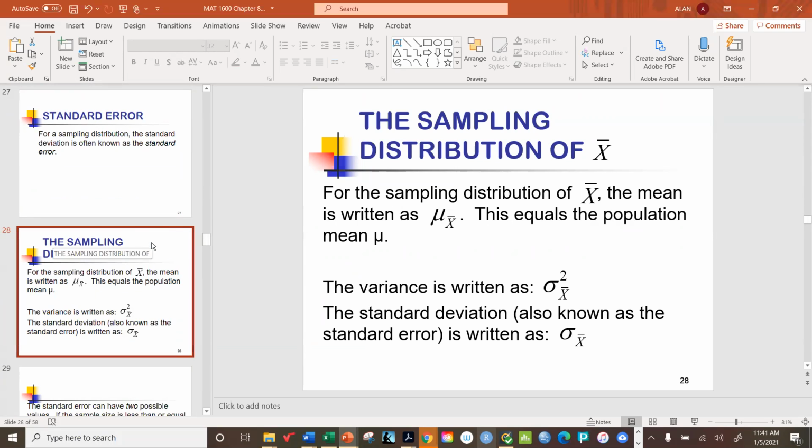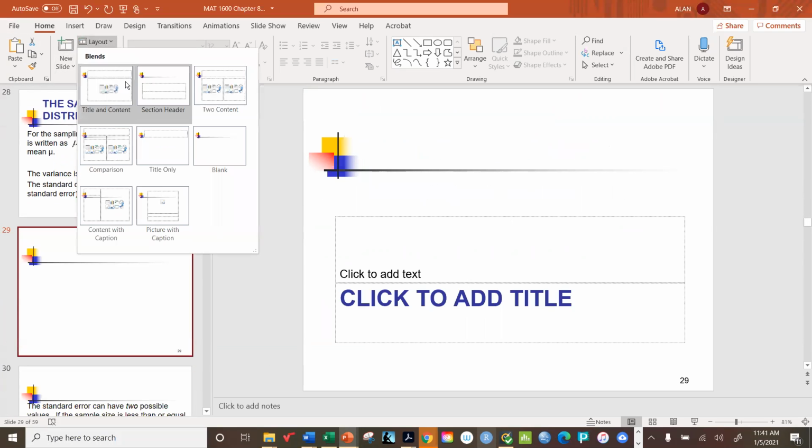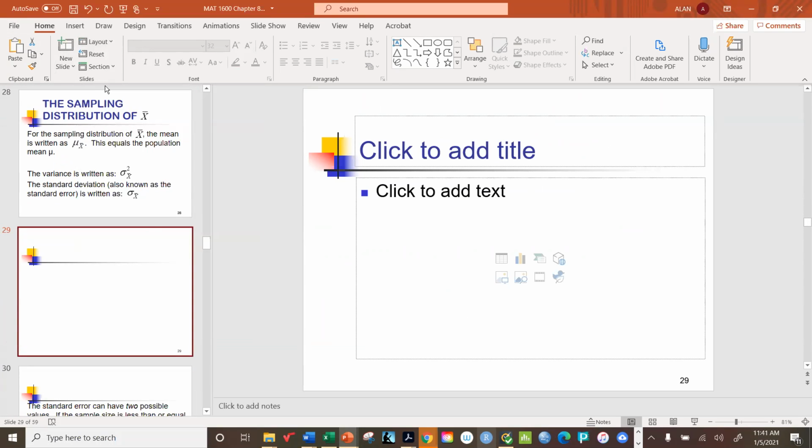In fact, let me quickly summarize these for you. This is only for sampling distributions, by the way.